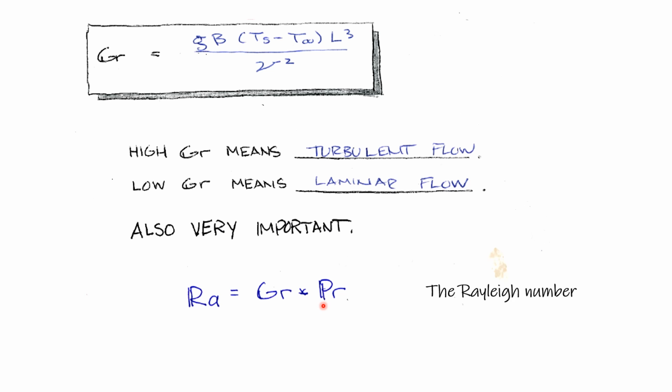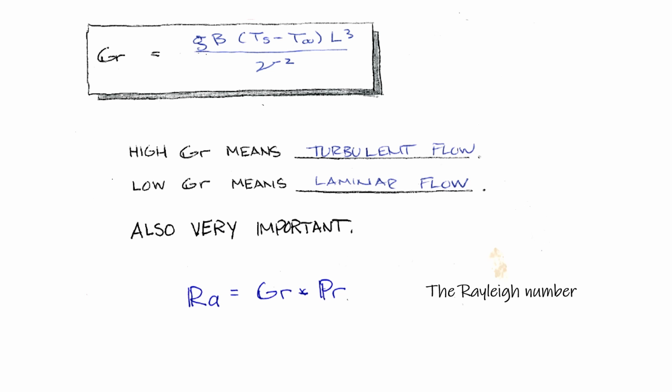Remember, in forced convection, you have Reynolds number raised to some power and Prandtl number raised to some other power in all your correlations. In most natural convection scenarios, the Grashof and the Prandtl number are both raised to exactly the same power. So why not combine them for a new dimensionless number and use that instead? That's what the Rayleigh number is.